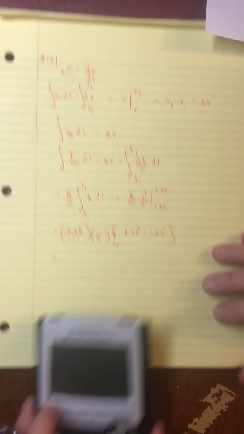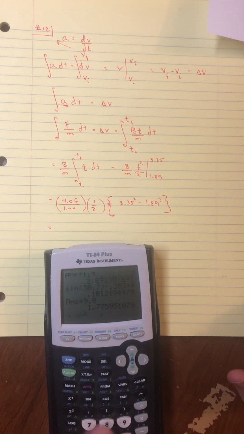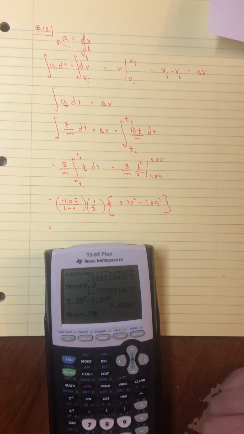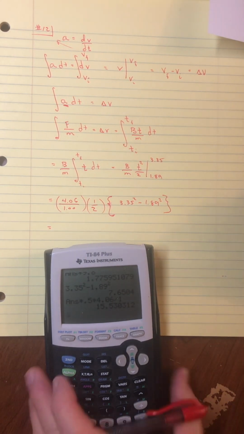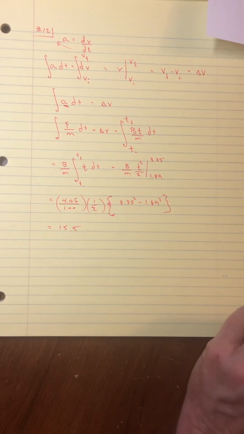All right, so now I can get my calculator. So 3.35 squared minus 1.89 squared would be that number. I'll go times 1/2 times 4.06, and I'll divide by 1 because it's in the formula, but that's wasted time. Anyways, I get a change of speed of 15.5. And hopefully, sure enough, there it is right there.